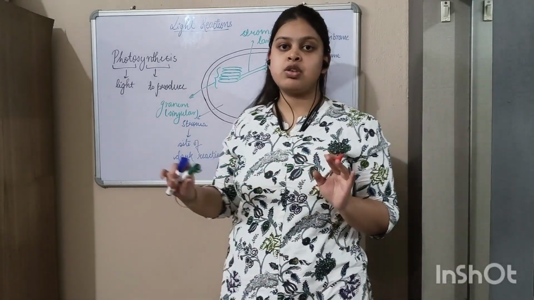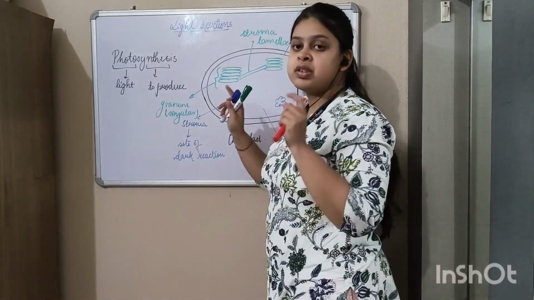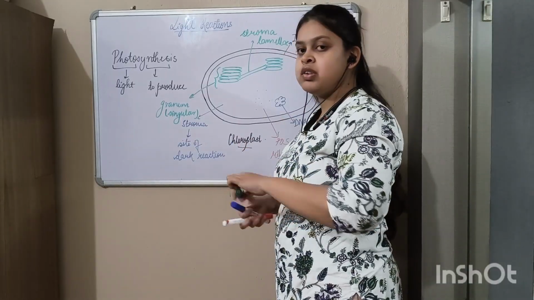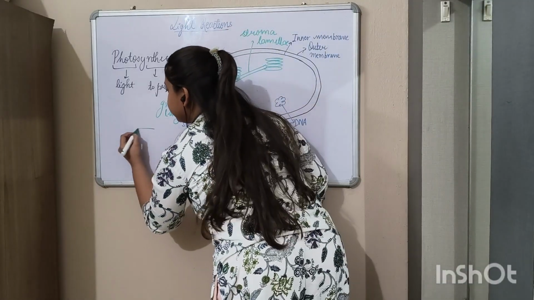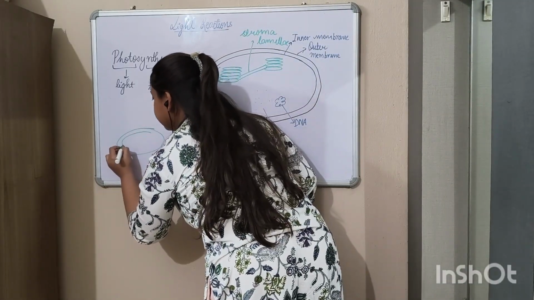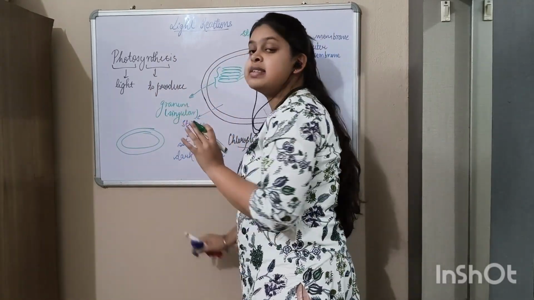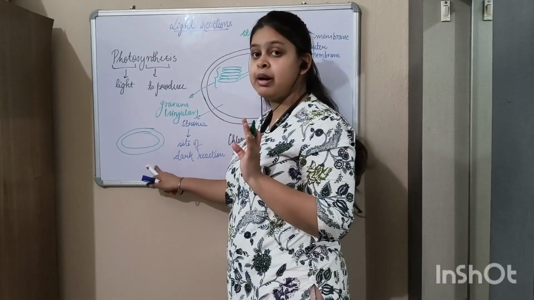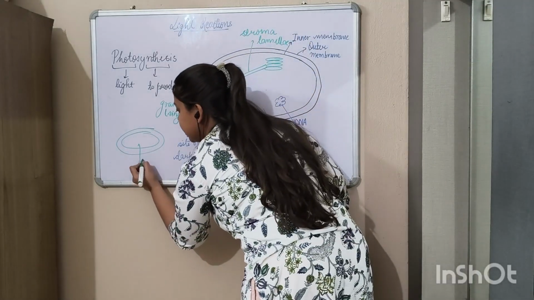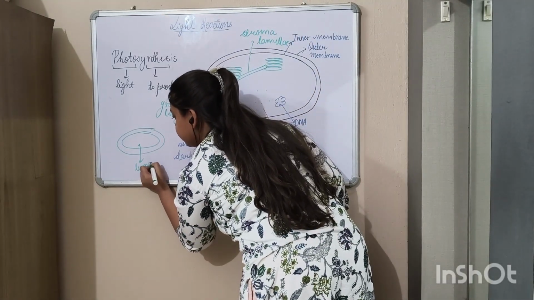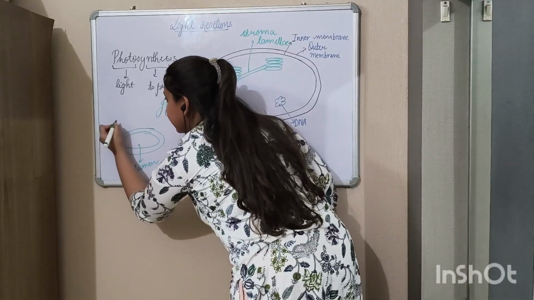So this is the basic structure of chloroplast. Now, if you see a single thylakoid, this is not a two-membrane structure. It is a single-membrane lipid bilayer structure, and inside we have the lumen. This is a thylakoid.